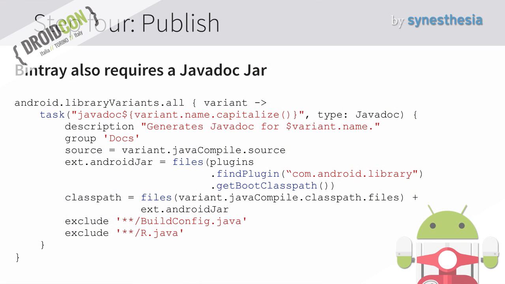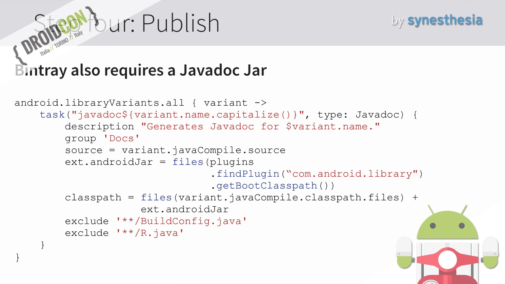You need another jar file, and it's the javadoc jar. It looks a bit more complicated, and it is, but we can break it down. So first of all, I iterate through all the variants, and variants are release and debug, but you can actually define your own variants.